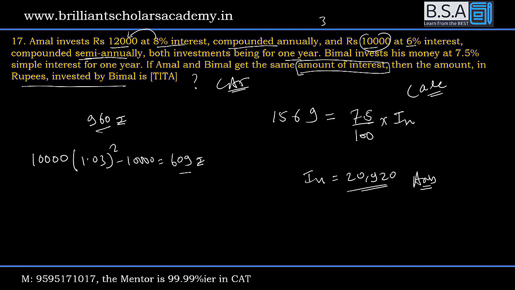1569 is the interest earned by Amal. I want Bimal to earn the same amount of interest. So Bimal is earning how much interest? 7.5%. So 7.5% of his investment is equal to 1569. So rearrange, your answer shall be ready in 2 steps.